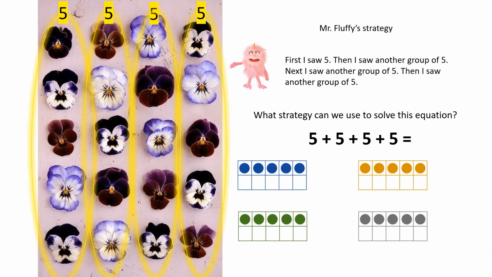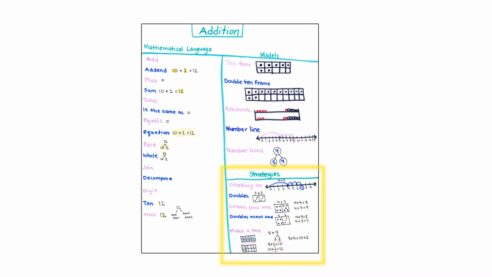Now that we have represented Mr. Fluffy's strategy on a mathematical model, let's think of a strategy to help us solve his equation. What strategy can we use to solve this equation? Looking at our anchor chart, I'm looking at our different addition strategies. We have counting on, doubles plus or minus 1, and a make a 10 strategy.